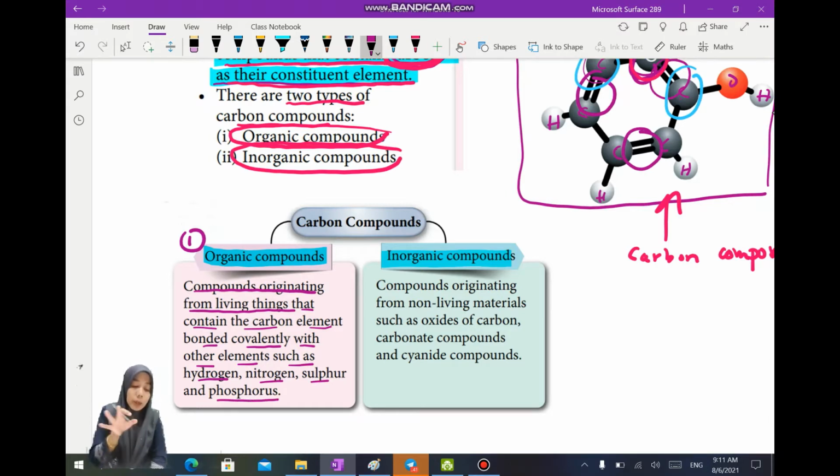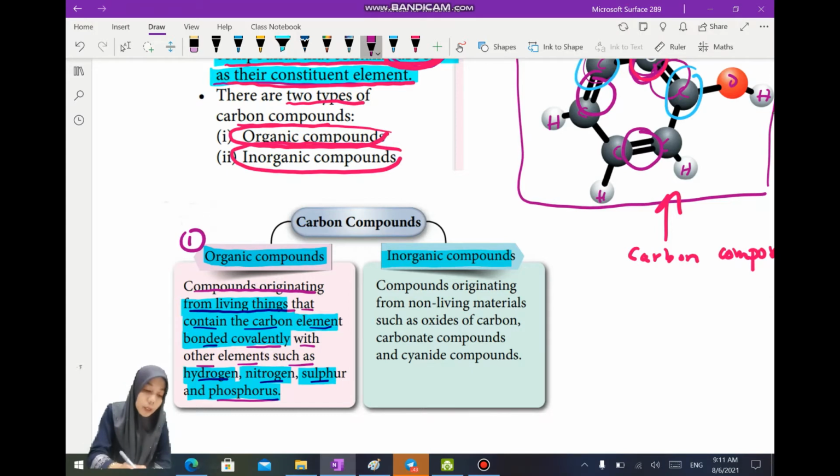Organic compound berasal daripada benda hidup yang mengandungi atom karbon ataupun unsur karbon and then terikat secara kovalent dengan unsur-unsur lain seperti hidrogen, nitrogen, sulfur ataupun phosphorus. Itu adalah organic compound yang kita akan belajar lebih detail pada hari ini.